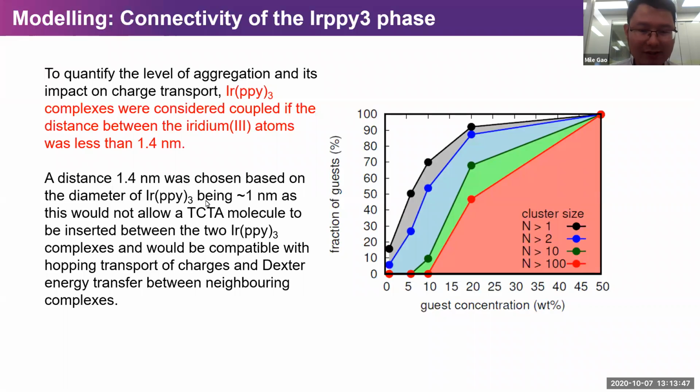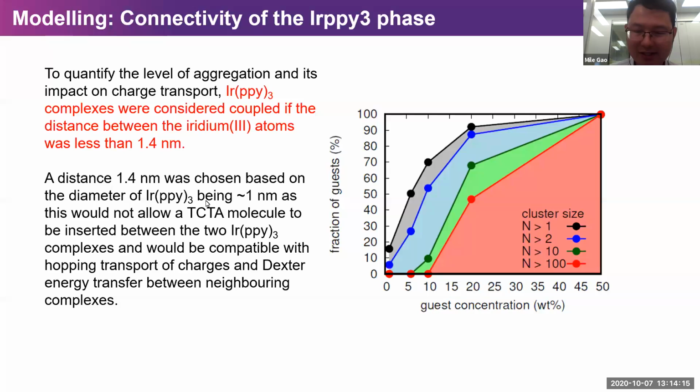And in the 6 weight percent blend, less than 50% of the RP molecules can be viewed as being isolated. And for an RP concentration of 10 weight percent, the majority, about 70%, of RP molecules are part of interconnected clusters containing 3 or more molecules.